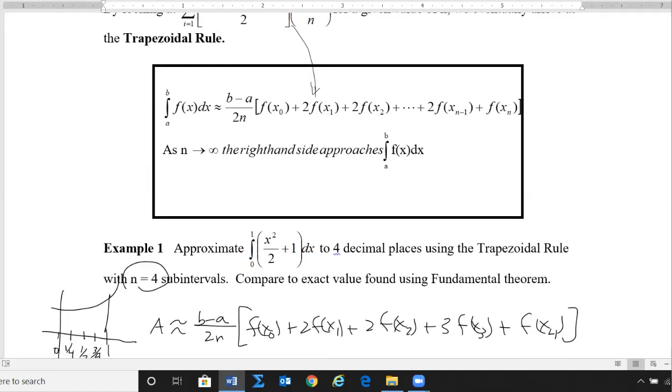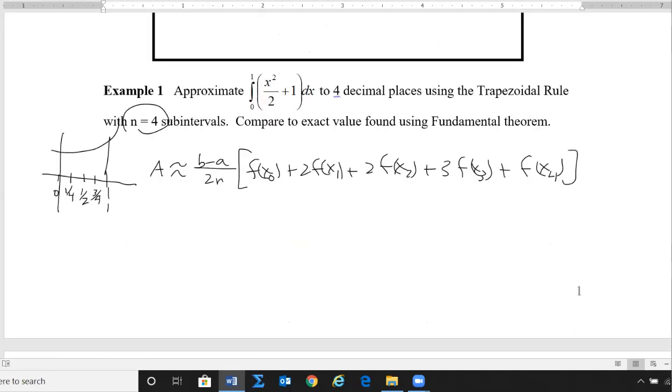Okay, so let's put in our numbers and see what we get. So this would be 1 over 8.